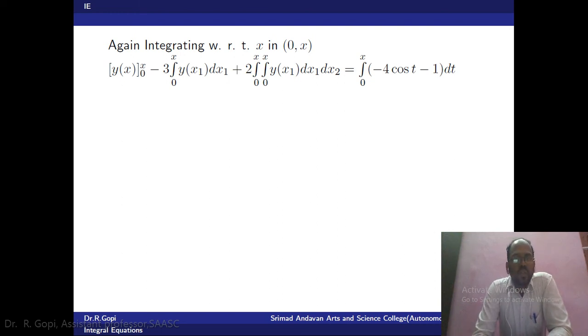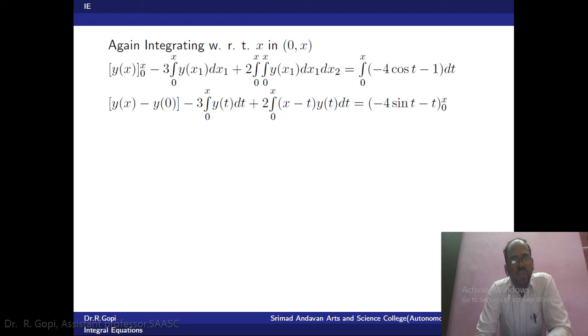Then substitute this value: y(x) - y(0) - 3 times the integral from 0 to x of y(t) dt plus 2 times, for the double integral, we have to use the above result: the integral from 0 to x of (x - t) y(t) dt.